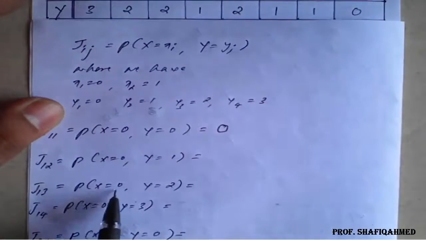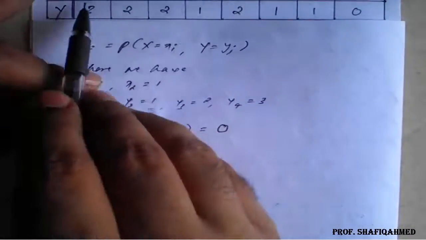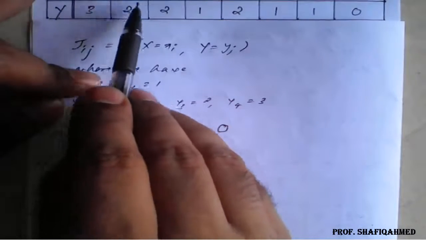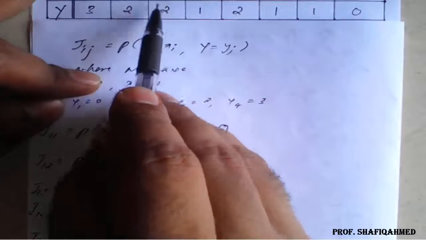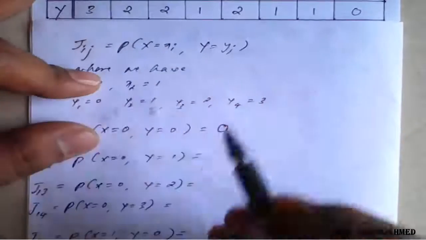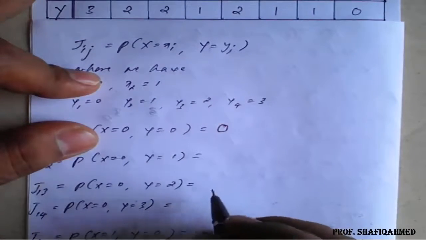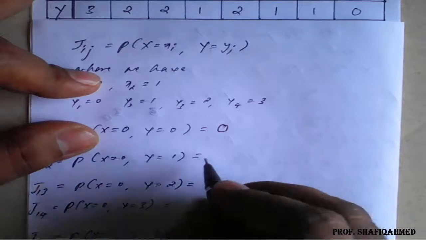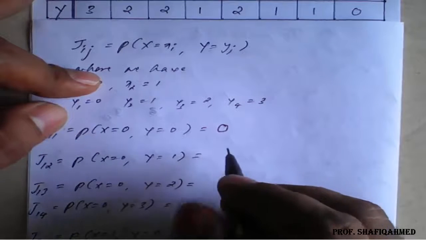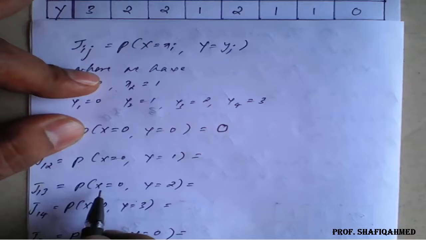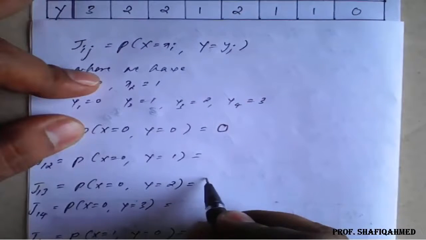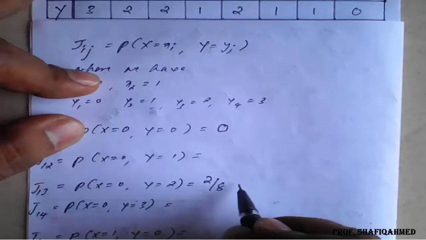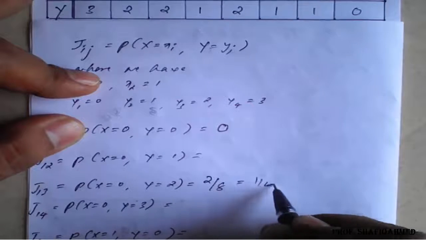Now when x is 0, y is 2, we have one time, and another time x is 0, y is 2. So how many times do we have? 2 times, out of 8. So x is 0, y is 2 means 2/8, which is nothing but 1/4.